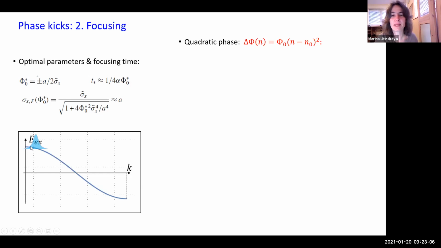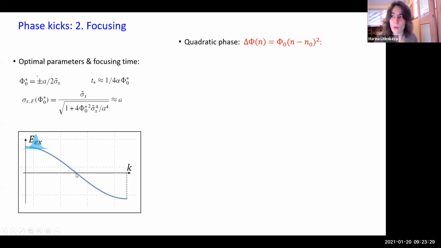This broad wave packet consists of some k states. And it turns out that the waves in the quadratic part of the spectrum, they obey this focusing all right. And the waves from the linear part of the spectrum, they resist focusing, they just propagate as they are.